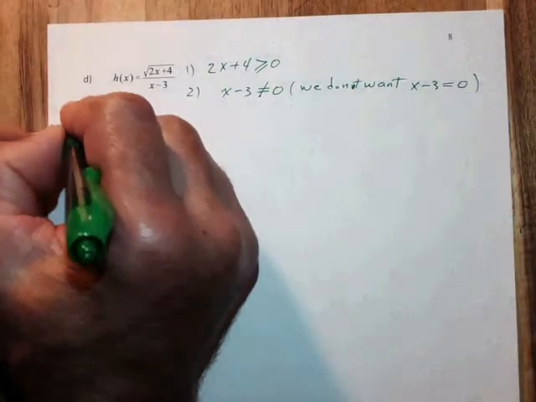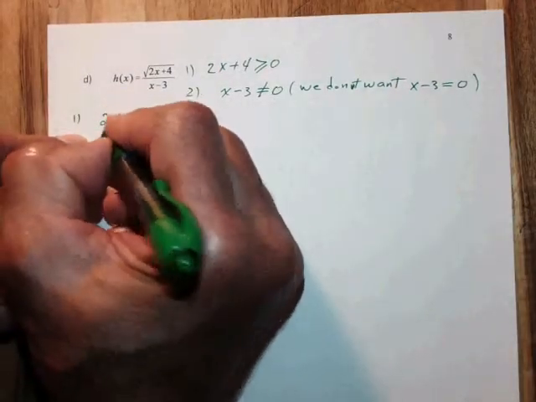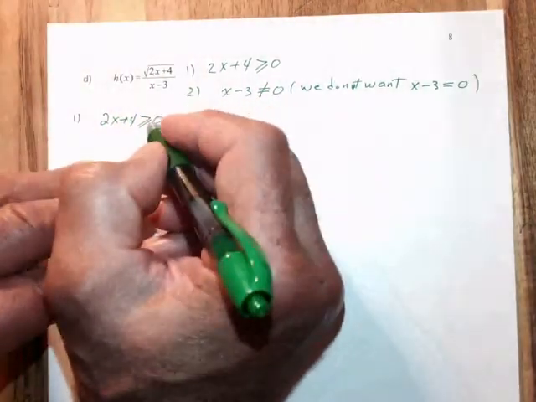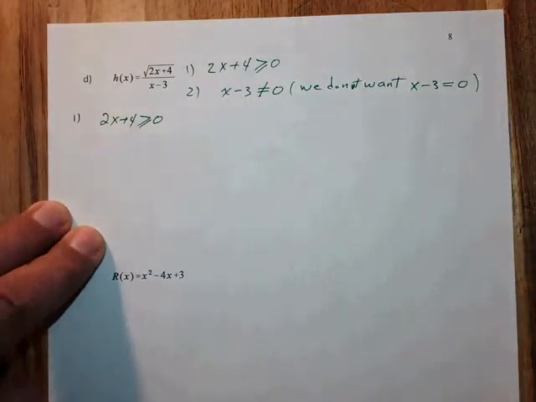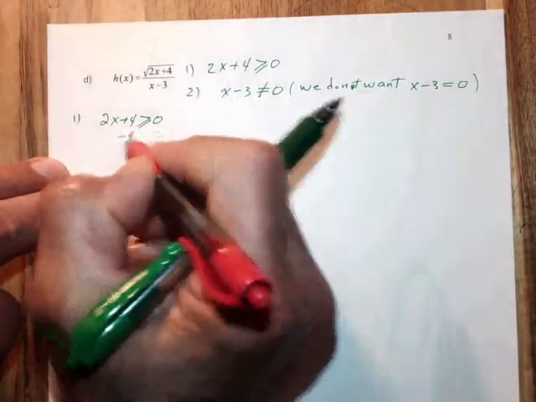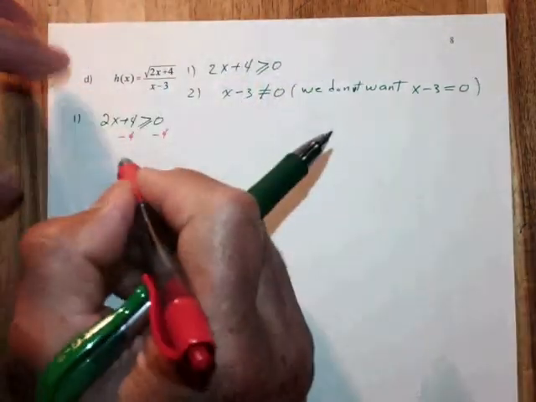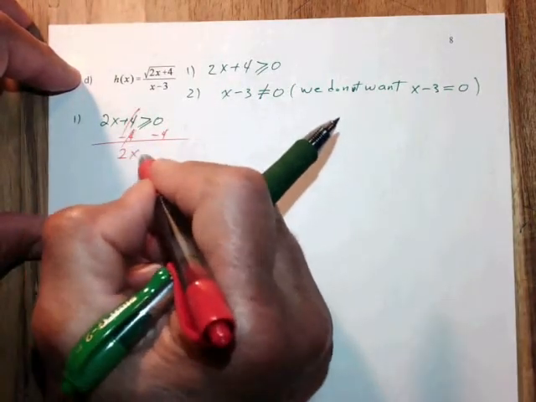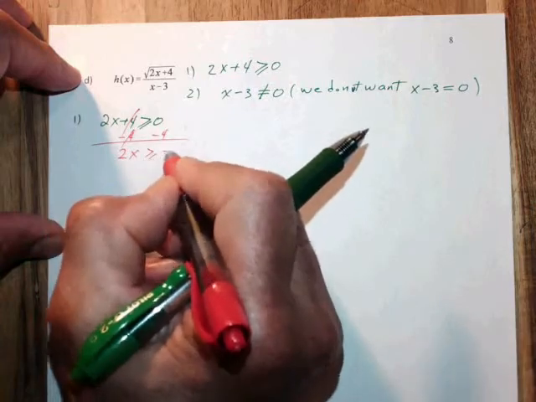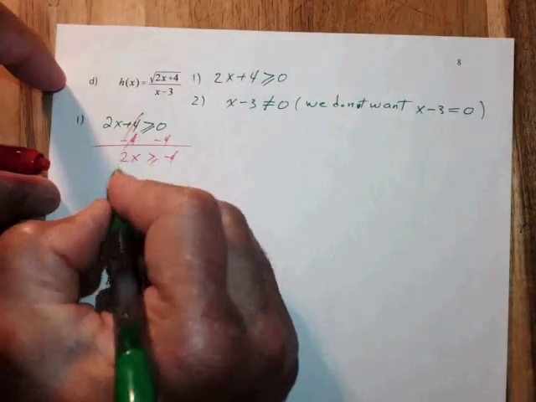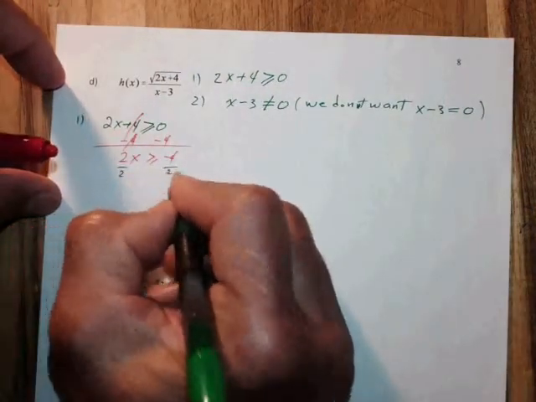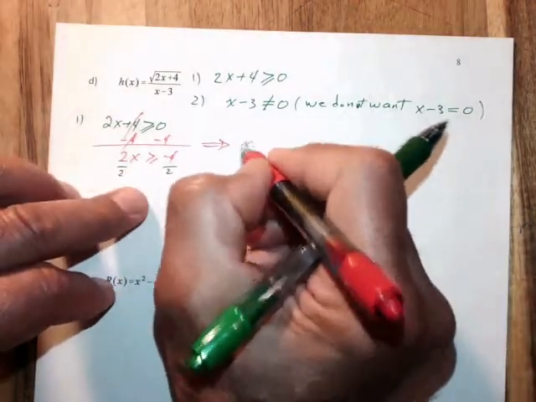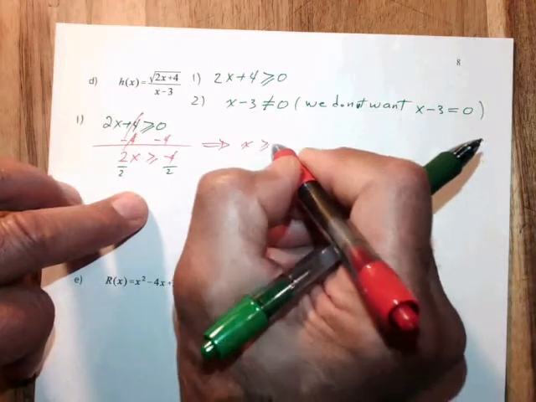So for 1, 2x plus 4 bigger than or equal to 0, I can subtract 4 from both sides. I get 2x bigger than or equal to negative 4, and then if I divide by 2, this gives me x bigger than or equal to negative 2.